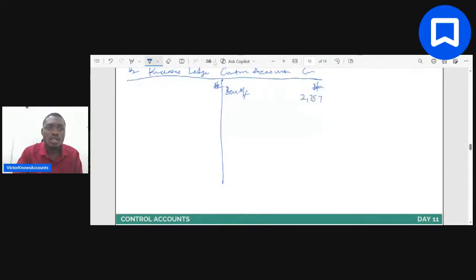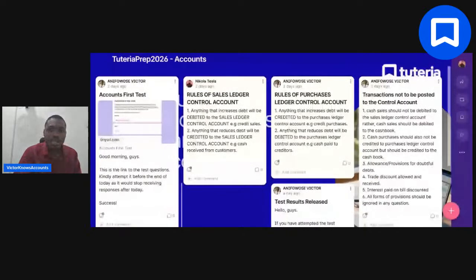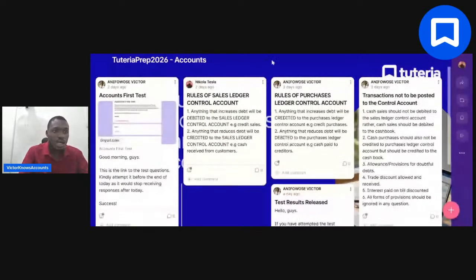All right. Now, if you see what I posted on the account, you see the rules of the purchases ledger control account. Customers are the people that owe us, but suppliers are the people that we owe.